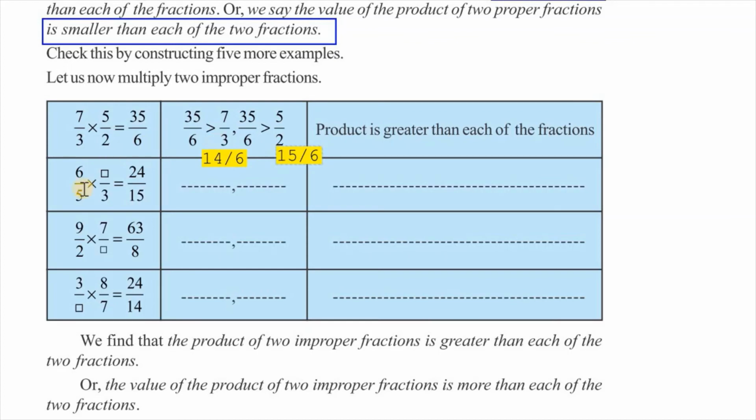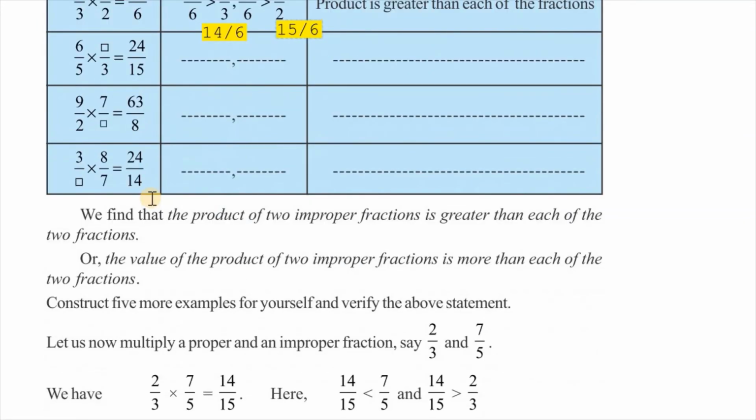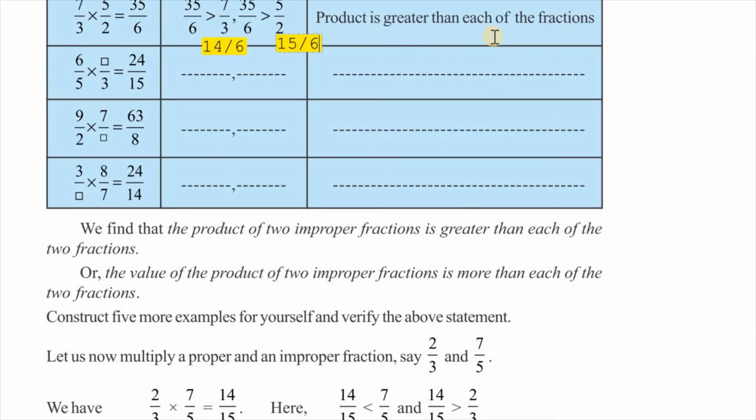Similarly, you can check for all these examples. Fill up the blanks of the numerator and denominator by looking at the product values, and you will find that the product is greater than each of the fractions. We find that the product of two improper fractions is greater than each of the two fractions.